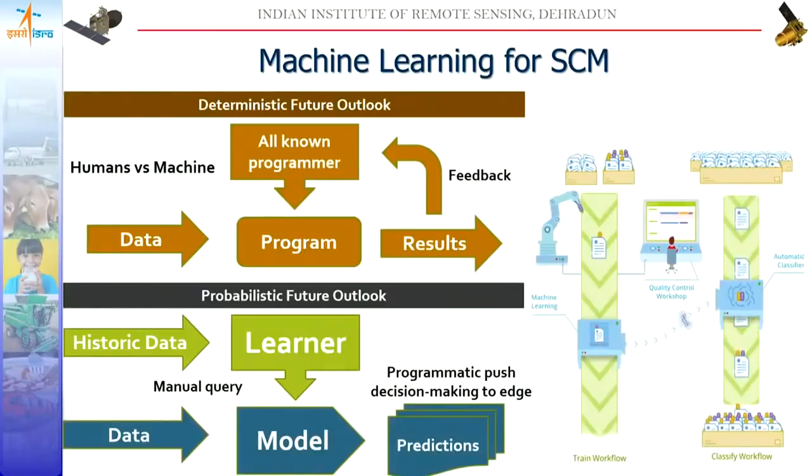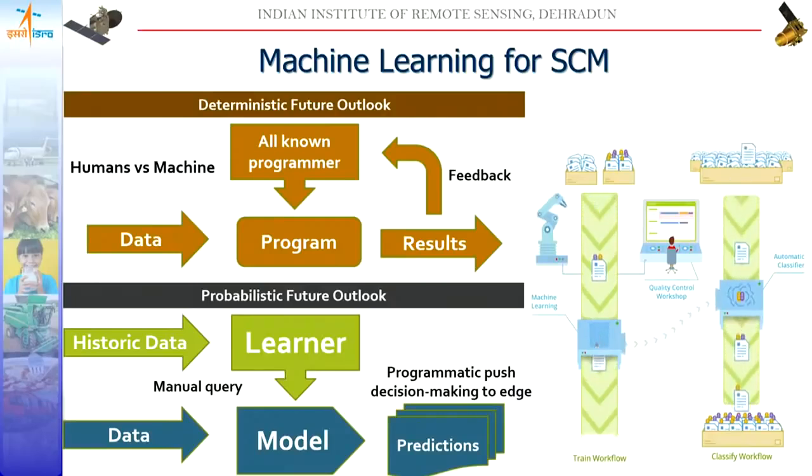I would like to mention here that most supply chain management is driven by deterministic models. Deterministic models means they are already predefined, from point A to point B, point B to point C. So it is only a simple predefined mechanism, which is deterministic in nature. The losses which you might have seen in the previous slide, there are a few companies which were only following the deterministic model. They might have failed.